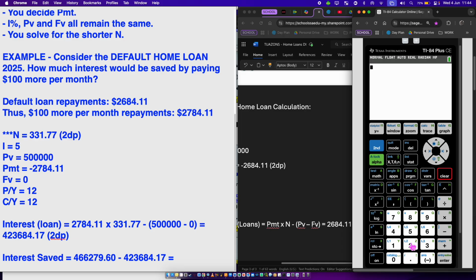So that's going to be 466,279.60 take 423,684.17. You're going to save over 40 grand. $42,595.43.